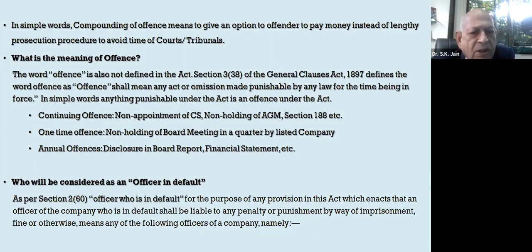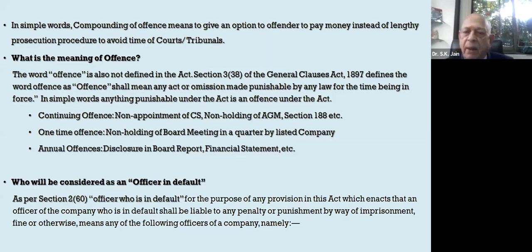Annual offences include disclosure in the board report, financial statements, etc. Because you hold the board meeting for approval of accounts once in a year, it is an annual offence. Who will be considered as an officer in default? Now, it is very important to understand the definition of officer in default, because the Companies Act, section 2(60) defines officer in default.